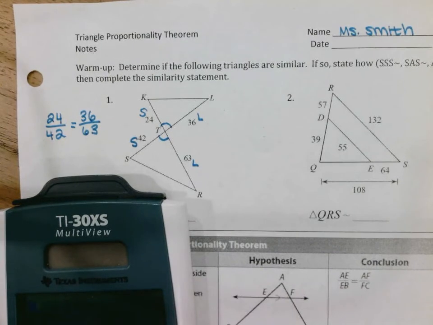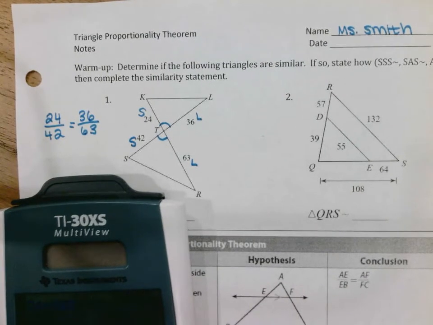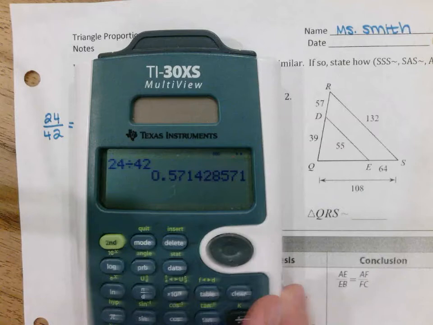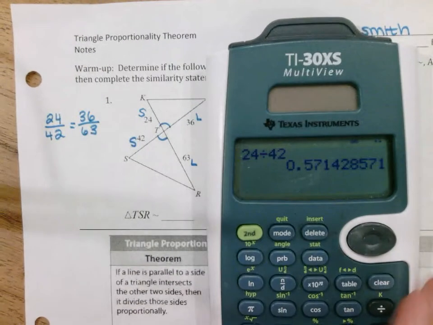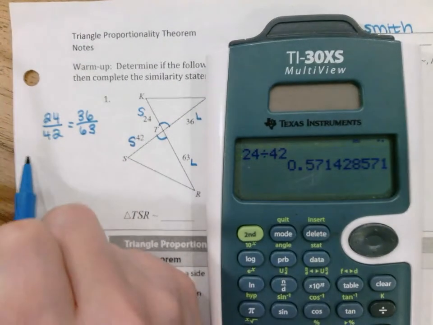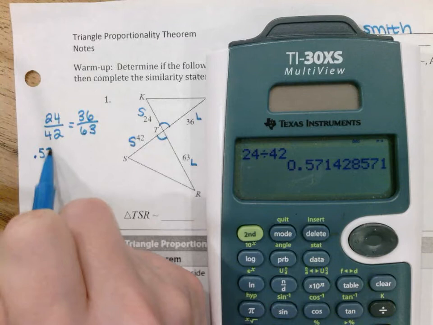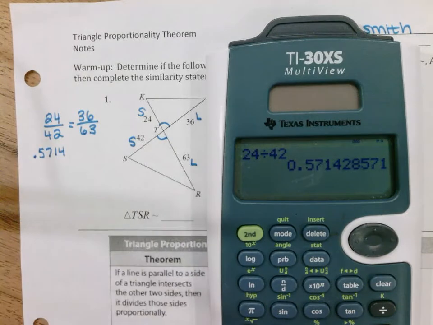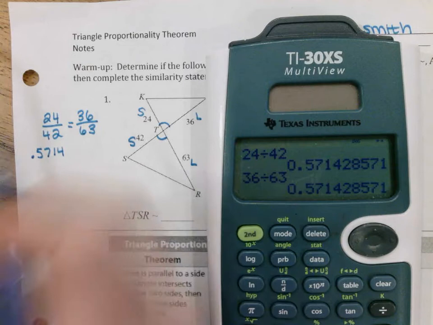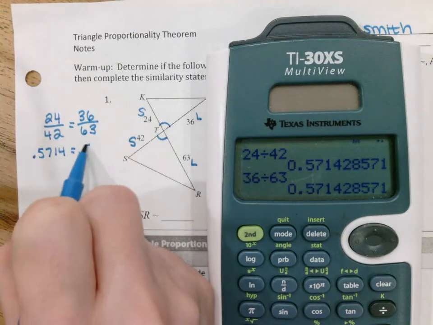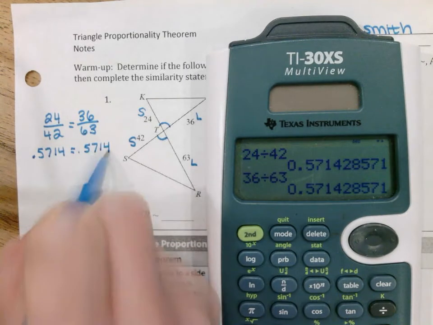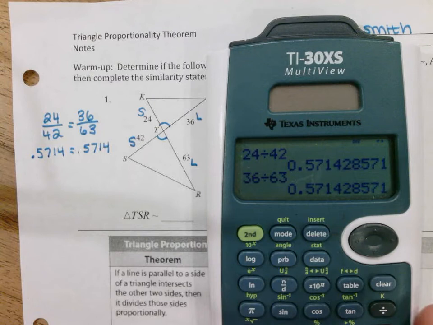So let's see, 24 divided by 42, I get 0.5714. I'll just go out four numbers, so 0.5714. And then 36 divided by 63, it's giving me the exact same number. So we can say that yes, these are similar by side, angle, side.